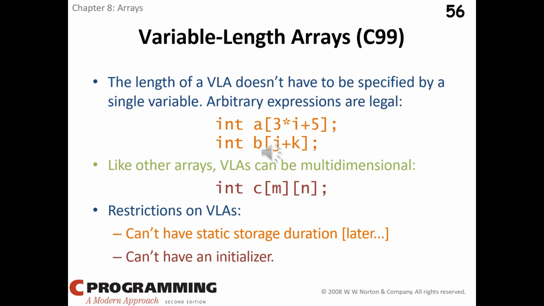We can see how this works by looking at the code in orange. See, you can use all sorts of cool expressions to determine the size of your array. Now, remember how we talked about arrays being like shelves? Well, just like regular arrays, VLAs can also have multiple dimensions.